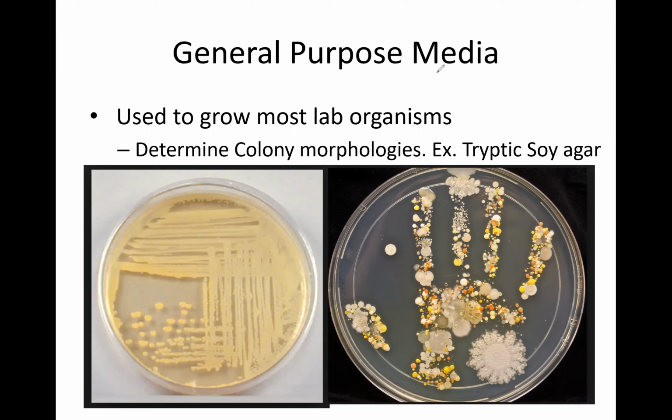Some are going to be a yellowish color, some are an orange color, some are a cream beige color, while others are white. Some look more filamentous, some are going to have an opaque look to them. And all of those different types of organisms are going to be a different species of organism that we could potentially study. So it's a really cool picture to see.